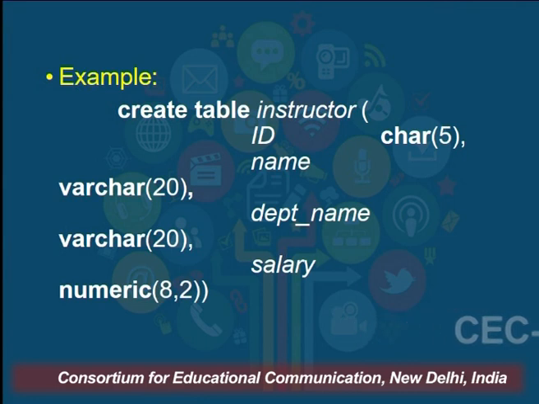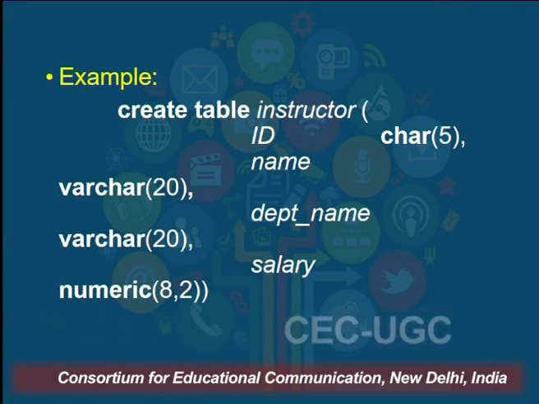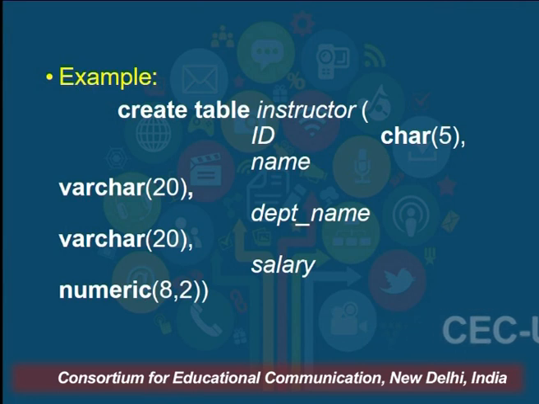So we write create table instructor, open parenthesis, the first pair, ID char(5), comma, then name varchar(20), the second pair, comma, department name varchar(30), comma, salary numeric(8,2), and then a closing bracket.